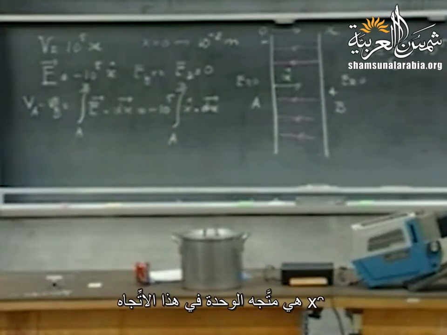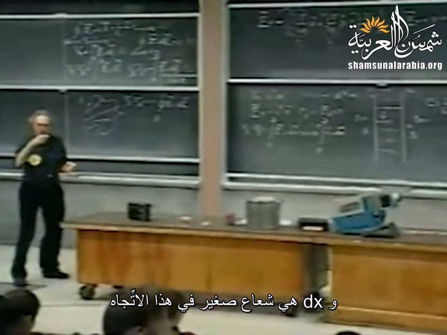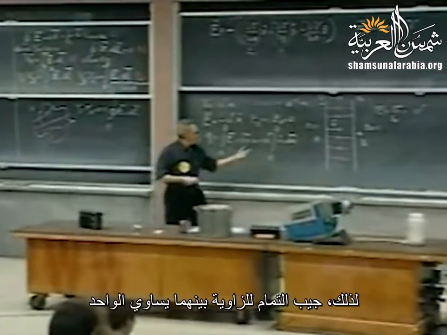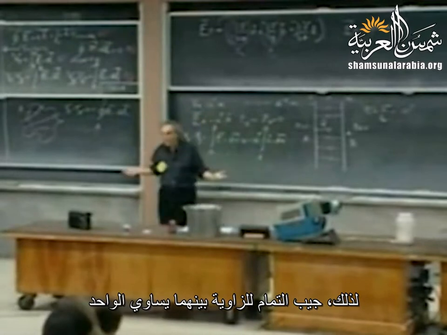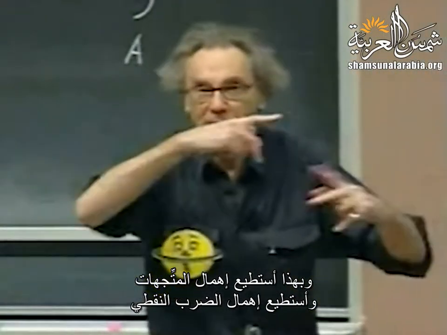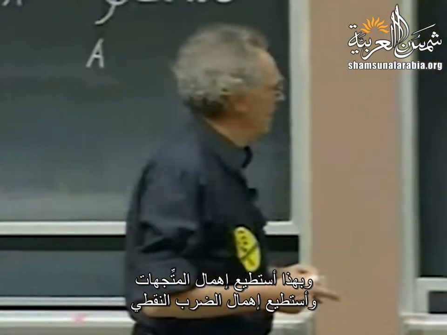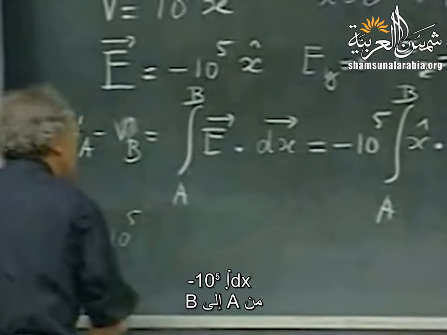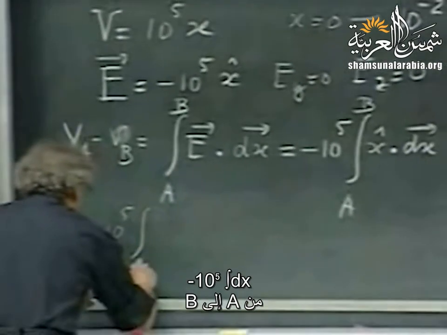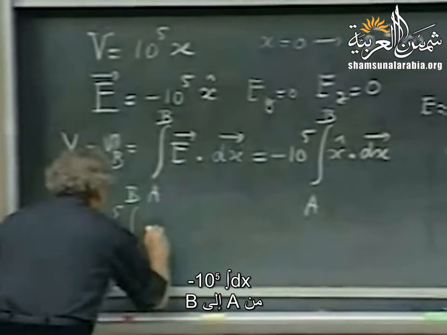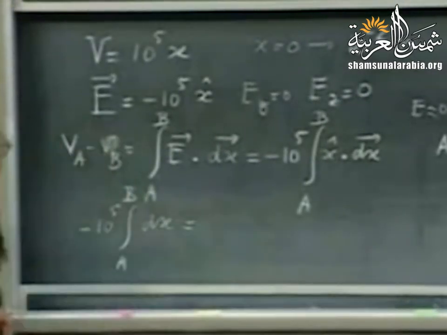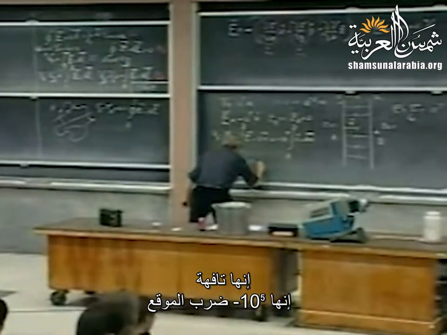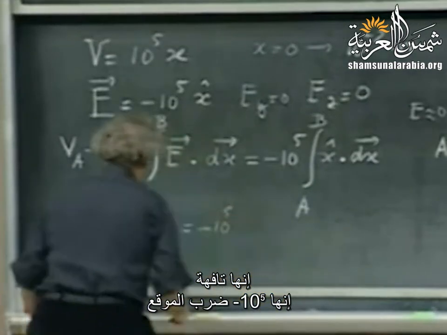x roof is the unit vector in this direction. And dx is a little vector dx in this direction. So they're both in the same direction. So the cosine of the angle between the two is 1. So I can forget about vectors. I can forget about the dot. And so this becomes minus 10 to the 5th times the integral in going from A to B of dx. And that is trivial. That is minus 10 to the 5th times the location.